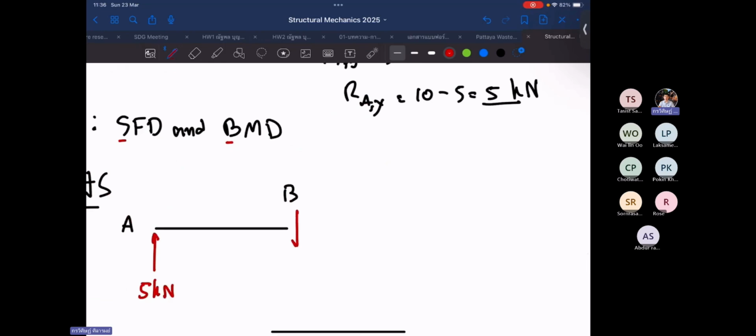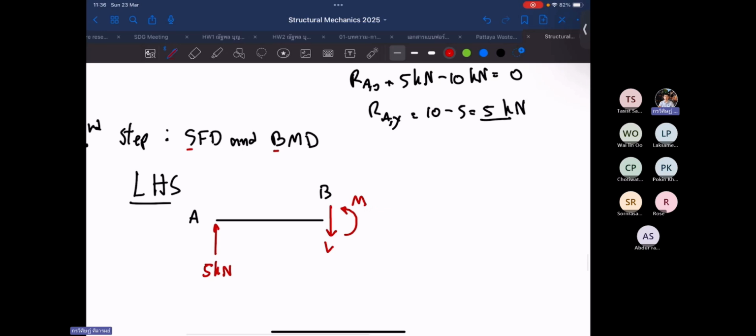So we will have the shear force and the bending moment like this. This is our free body diagram to be solved. But we would like to know the distribution of the shear force and the bending moment, so we cannot just fix the length as 3 meters. We have to vary the length.